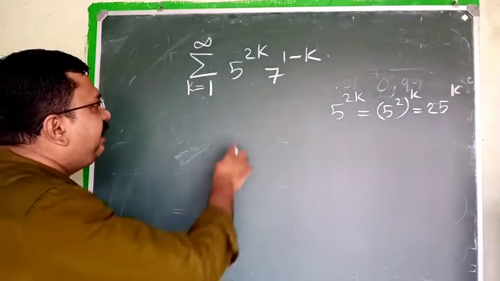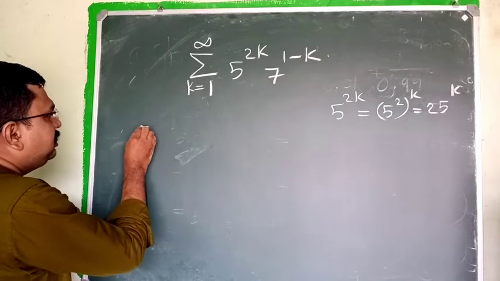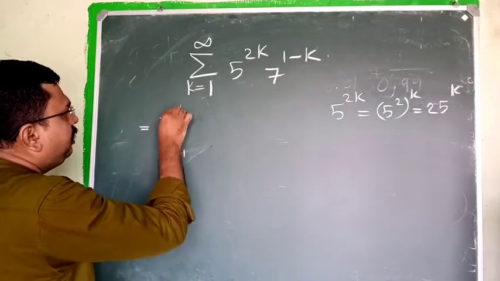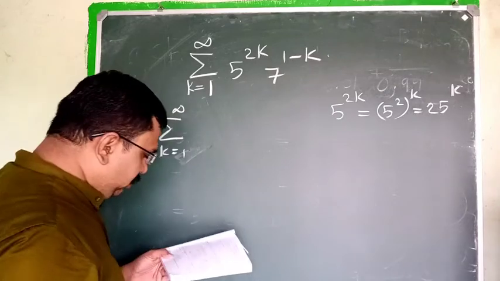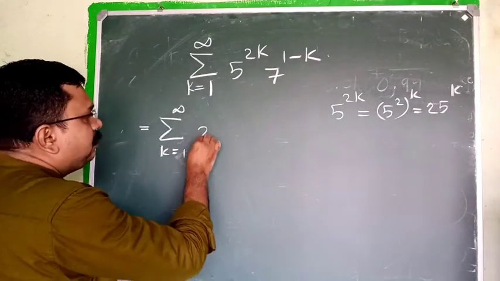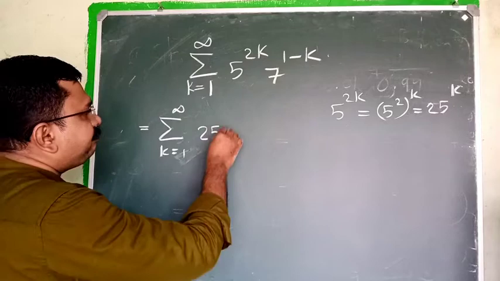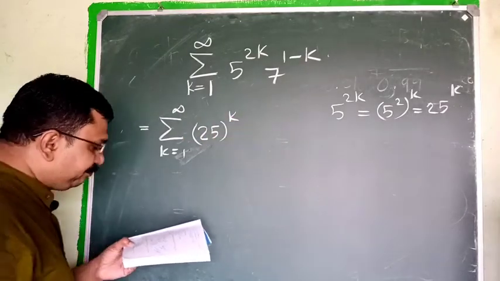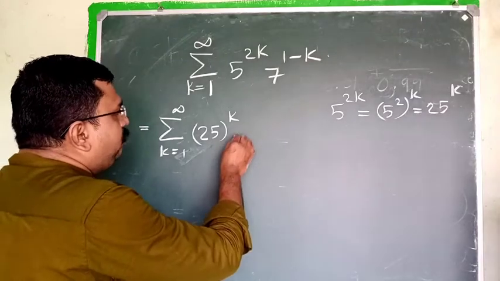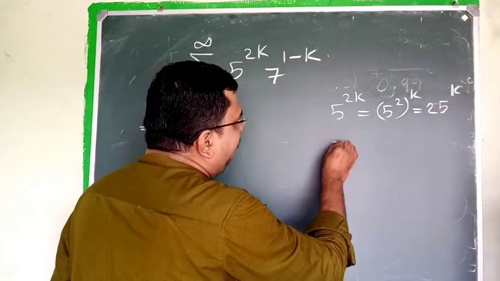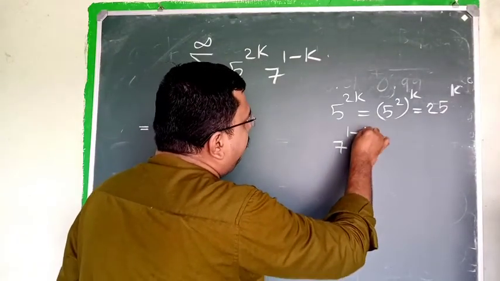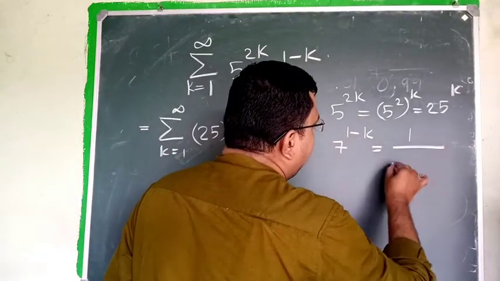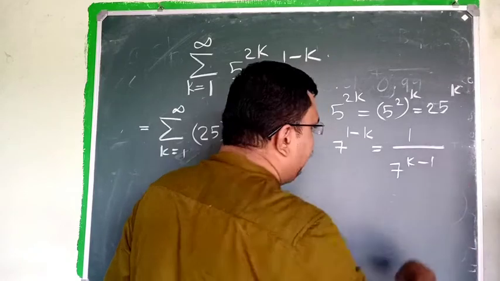Therefore, sigma k equal to 1 to infinity 5 raised to 2k can be written as 25 raised to k into 7 raised to 1 minus k, which is equal to 1 by 7 raised to k minus 1.